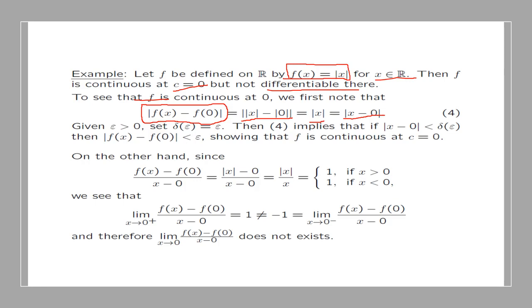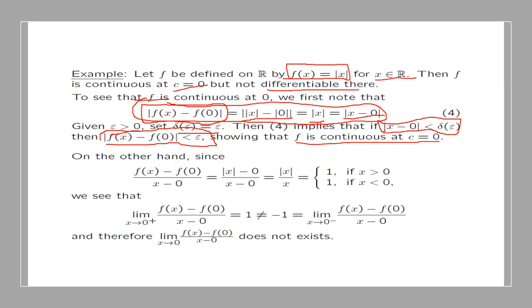Now given epsilon bigger than 0, you simply set delta to be equal to epsilon. Then from this expression, you see that if the distance between x and 0 is less than delta, which is simply epsilon, then the distance between f of x and f of 0 is less than epsilon.